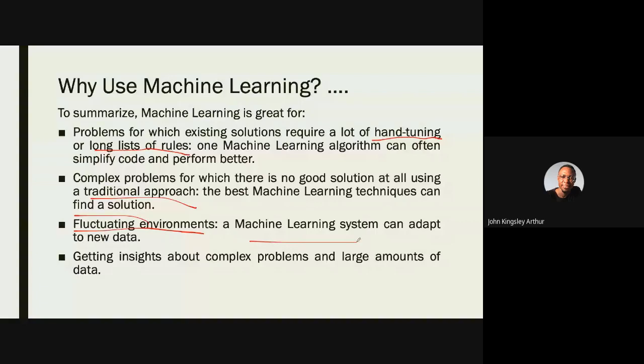Okay. Finally, getting insight about complex problems. Like I said earlier on, human beings cannot decipher or uncover patterns from complex data. You can allow the machine learning algorithm to give the solution, and then you open up the solution to see how it solved the problem, and you learn from it and adapt the solution as the human solution to use subsequently in solving similar problems.